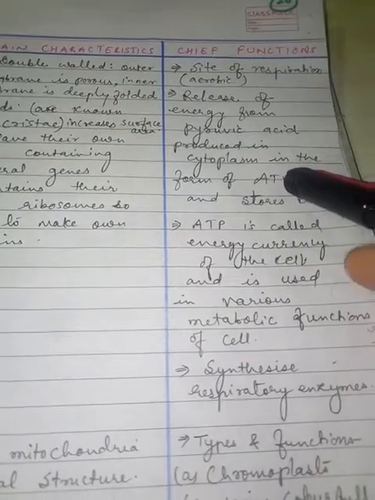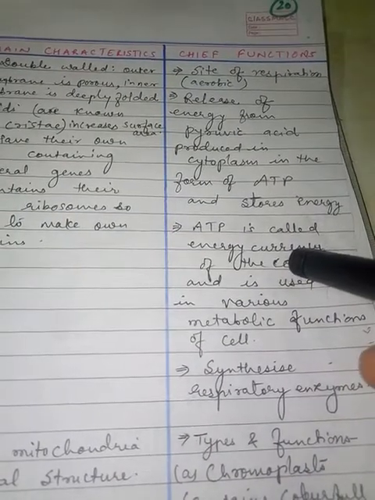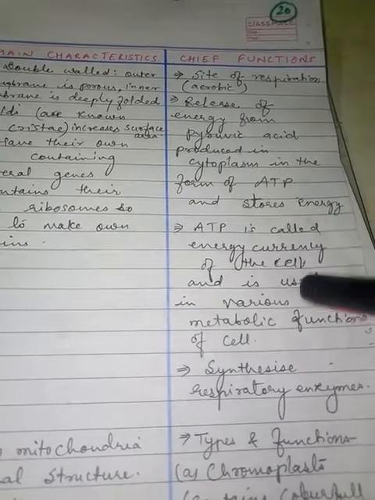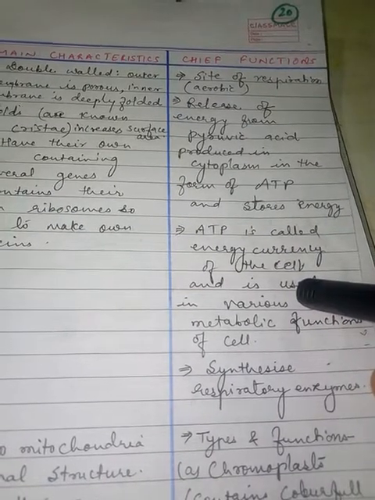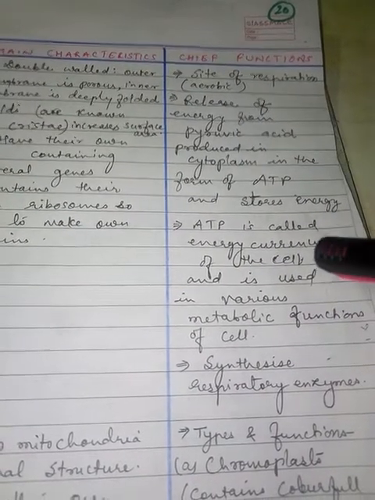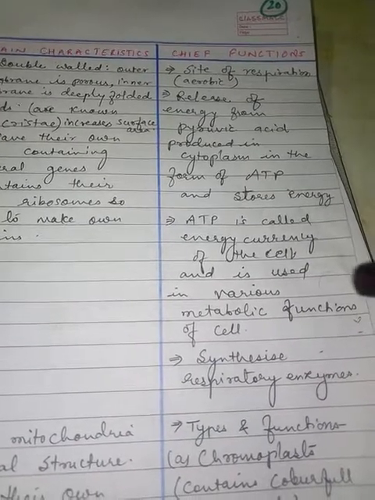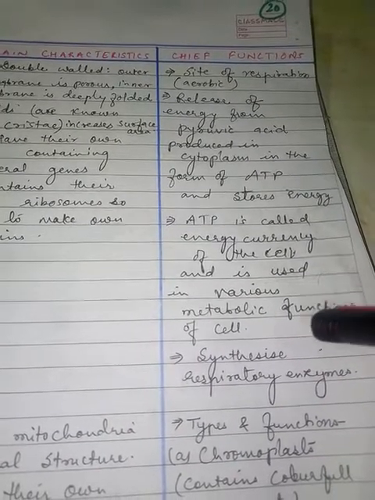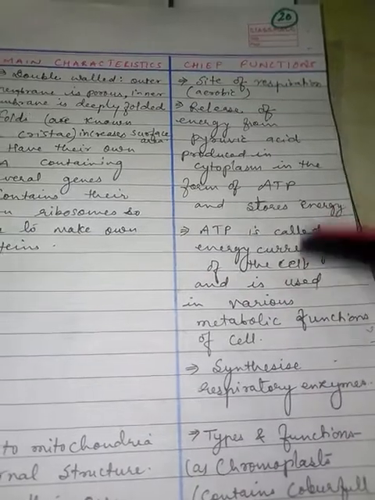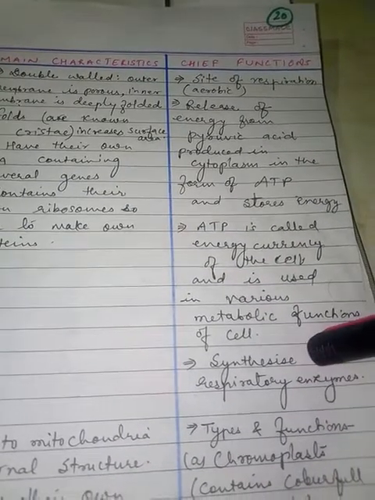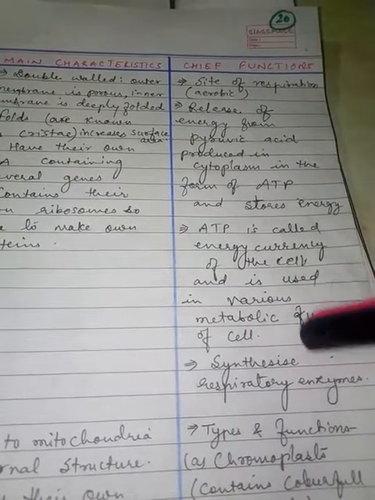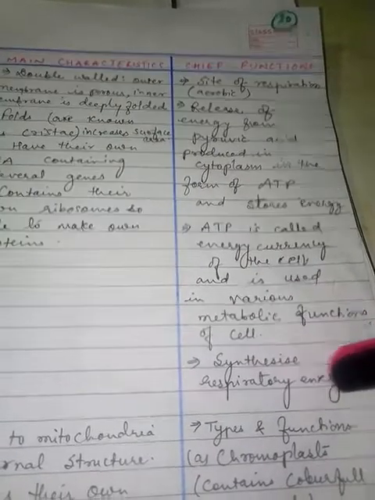ATP stands for adenosine triphosphate, and this ATP is called the energy currency of the cell, which is used for various metabolic activities and functions of the cell. That is the reason why mitochondria is called the powerhouse of the cell. The mitochondria also synthesize respiratory enzymes which help in respiration.